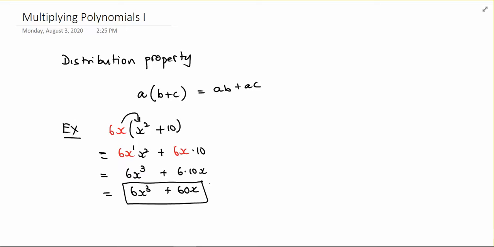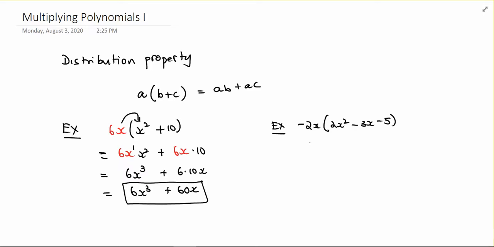Multiplying polynomials. Let's take a look at another example. Now it shouldn't matter how many terms you're multiplying into, the process is the same. So if I had minus 2x times 2x squared minus 3x minus 5, well, it doesn't matter whether you have a trinomial or a binomial, the distributive property is the same.